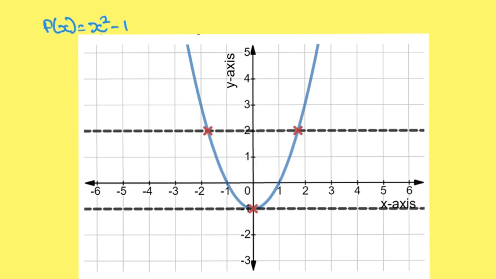This means that the function x squared minus 1 does not have an inverse. In order to have an inverse, we have to limit the domain to either positive integers or negative integers.